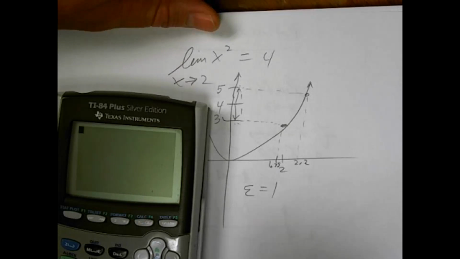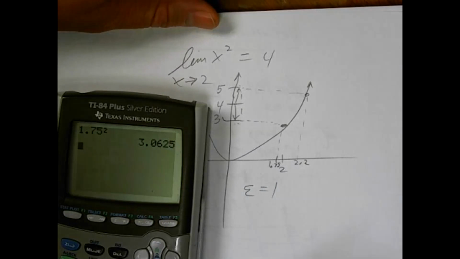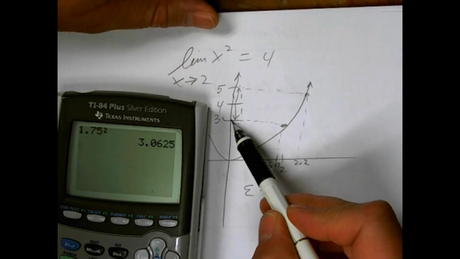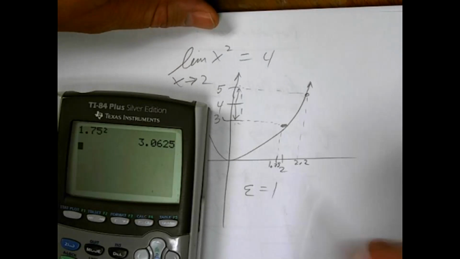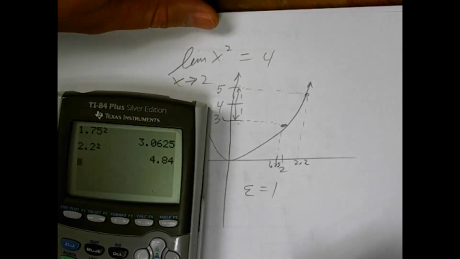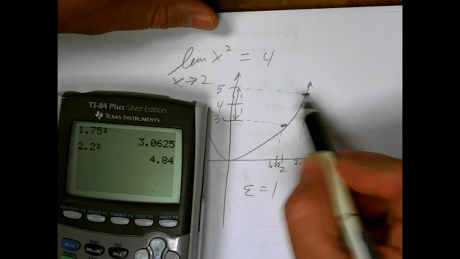Because you notice if you take 1.75 and square it, you get 3.0625, which means this x value puts me closer than that on the y-axis. And if you take 2.2 and square it, you get 4.84. So again, this x value got me closer than I needed to be on the y.